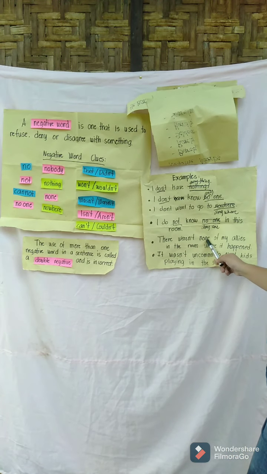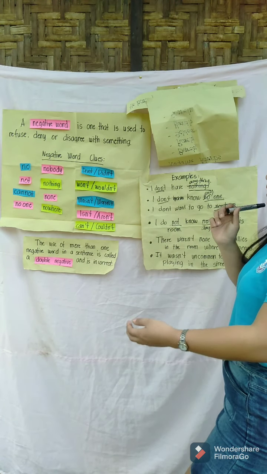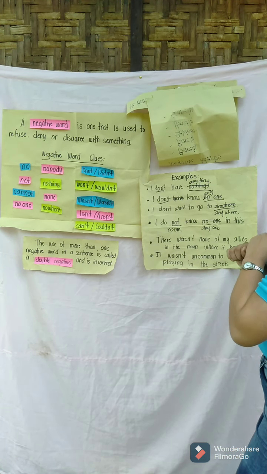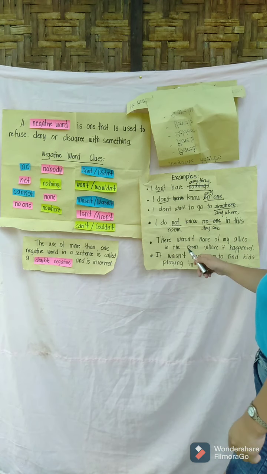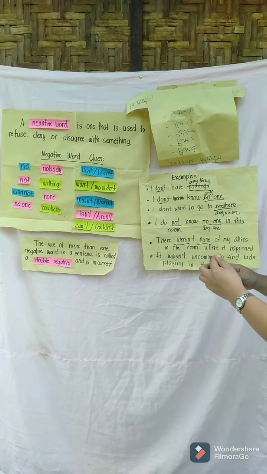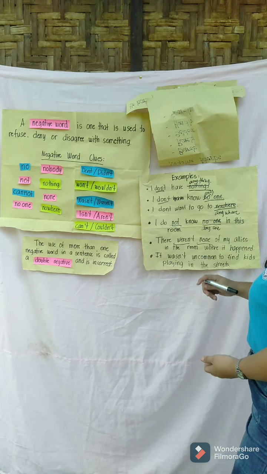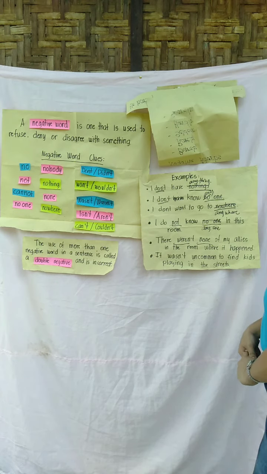There weren't none of my eyes in the room where it happened. The negative words in the sentence are weren't and none. How can we correct this sentence?